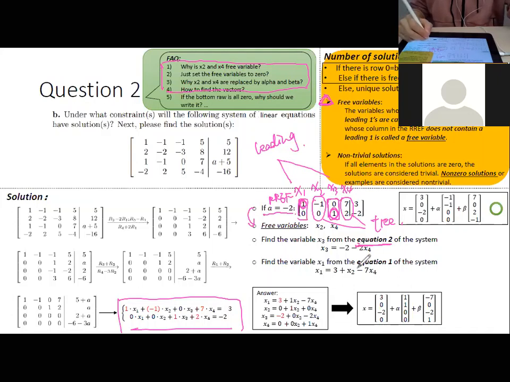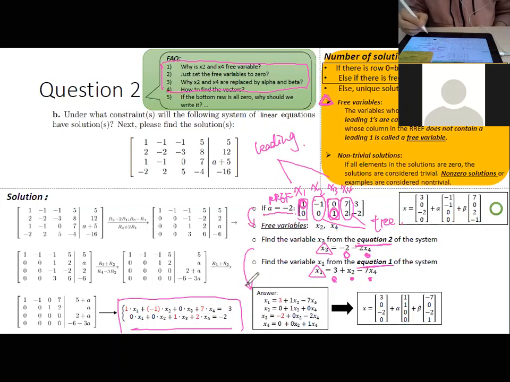And then we solve equation 1, and we can get x1 equals 3 plus x2 minus 7 times x4. And we can see x1, x3 are leading variables, and they can be represented by a constant and free variables. To make things clear, I write an answer block here.